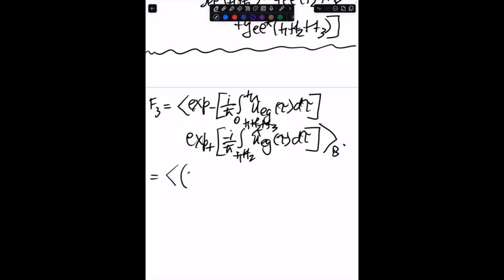So you get 1 plus i upon h bar 0 to T1, U hat e.g. tau d tau, and then you get the minus 1 upon h bar square 0 to T1.